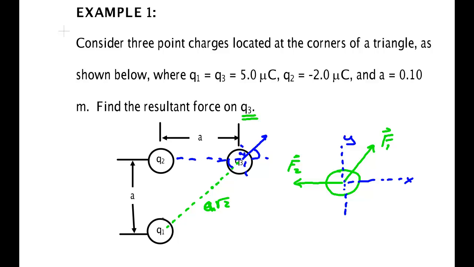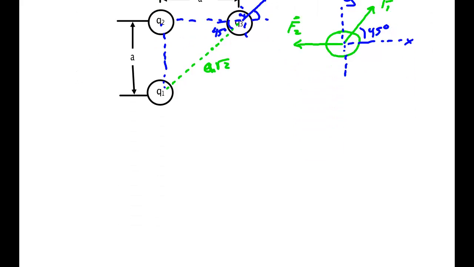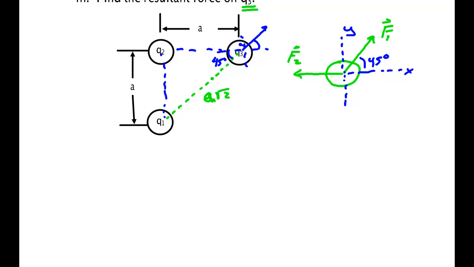This is an isosceles triangle here, so that angle is 45 degrees. So it's just like other problems that we've worked in the past. The only thing now is that we need to use Coulomb's law to find the length of these two forces, and then break the vectors up into their components as we've done in previous problems.